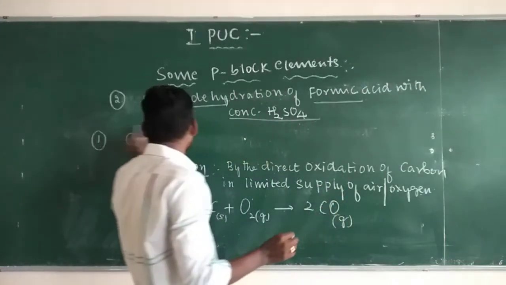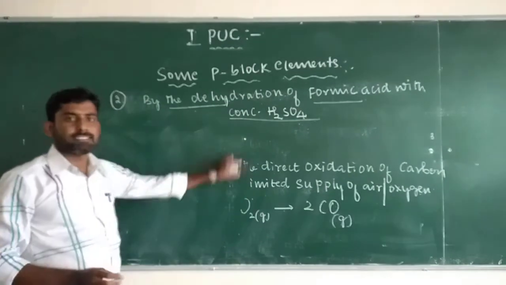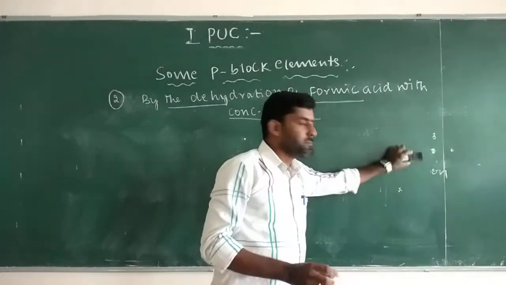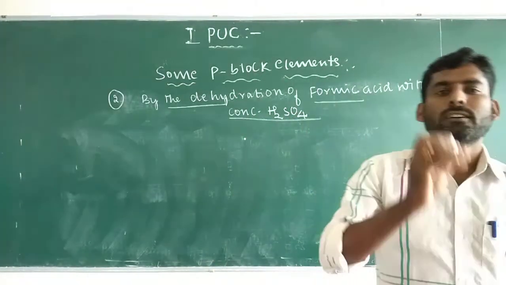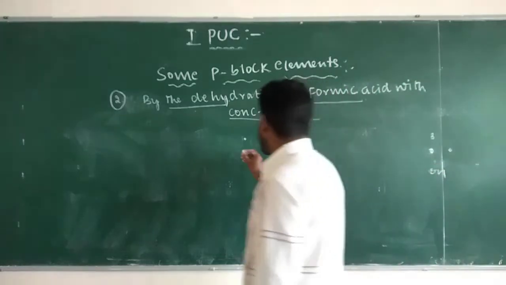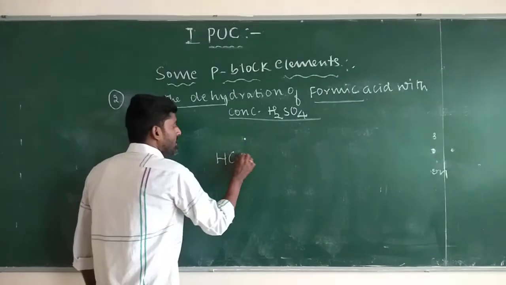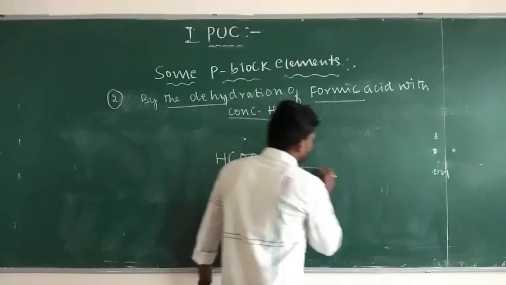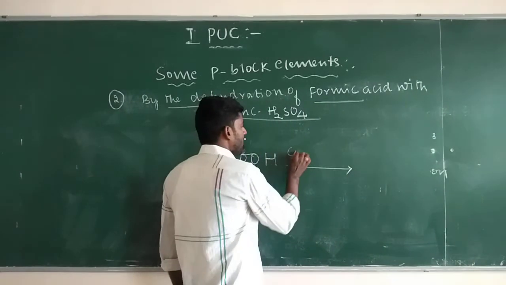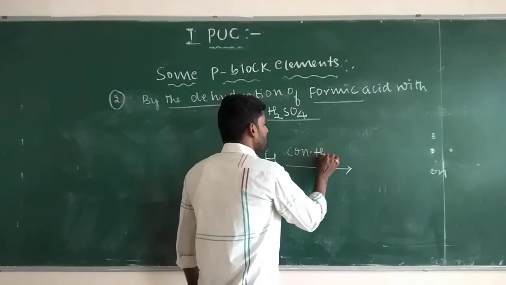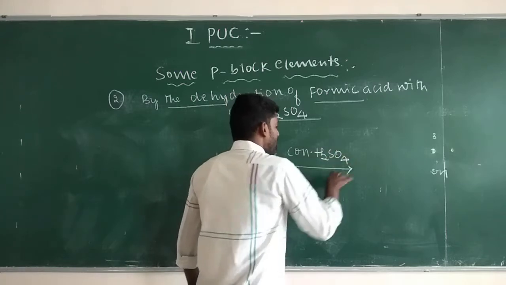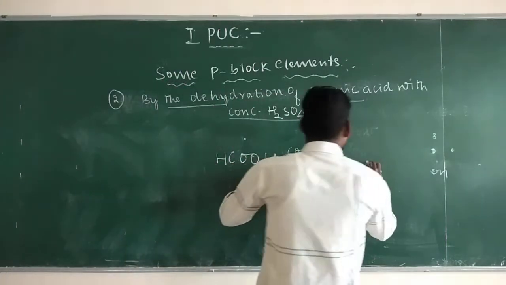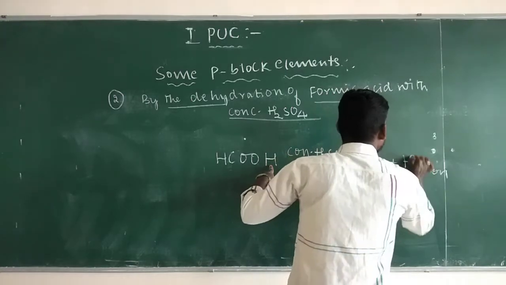So dehydration of formic acid with concentrated sulfuric acid gives small scale or small quantity of carbon monoxide. Formic acid means HCOOH. When it is heated with concentrated sulfuric acid, we get CO plus H2O.